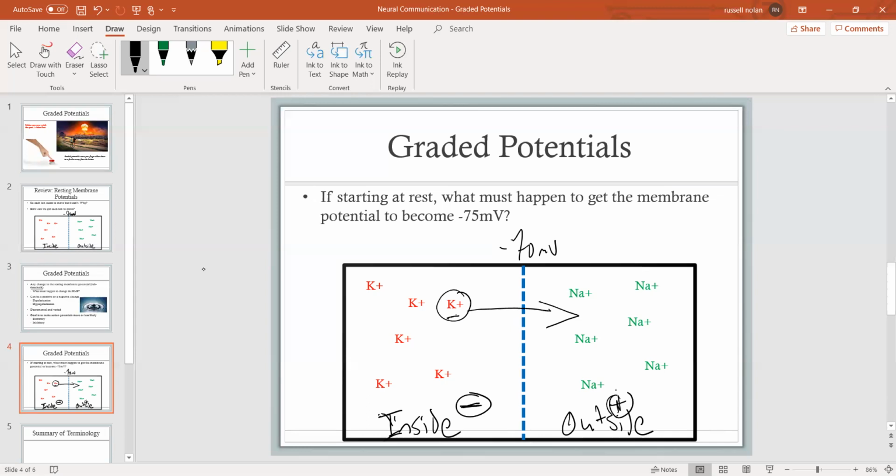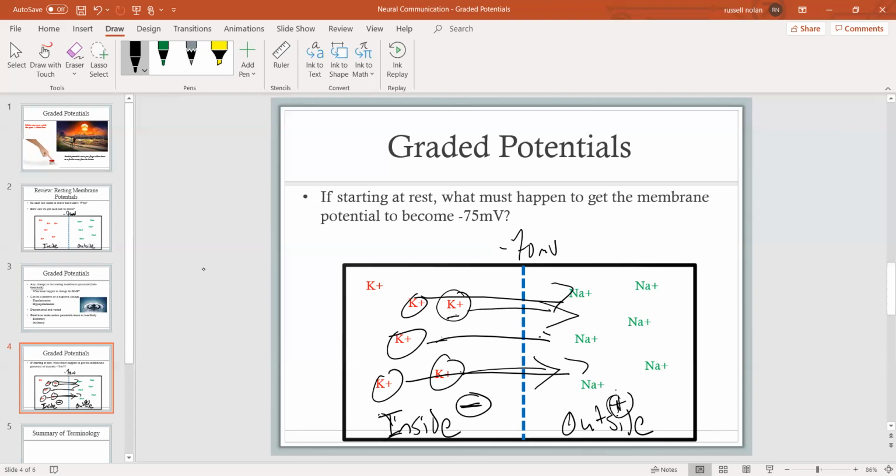Mathematically, if you remove a positive ion from an area that is already negative, you're going to make that inside even more negative. That's exactly what we want to do. We want to make the membrane potential more negative. So to answer this question, we want to move 5 positive potassiums out of the cell.